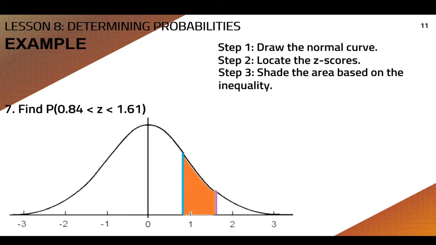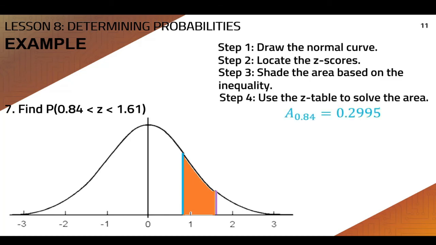Alam natin, natutunan natin noong nakaraang lesson na kapag in between at yung area ay hindi nag-overlap sa mean, anong gagawin natin? High minus low. Very good. And by doing so, locate ko lang yung area na to. Nasaan yung area ng 0.2995? Ayun siya. Then itong 0.4463, nasan siya?